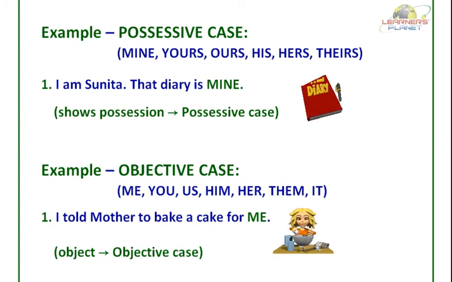Thus, it is clearly seen in these examples also that there is a preposition before the pronoun in the objective case. Thus, pronouns in the objective case are always indirect objects. See the examples and understand this.